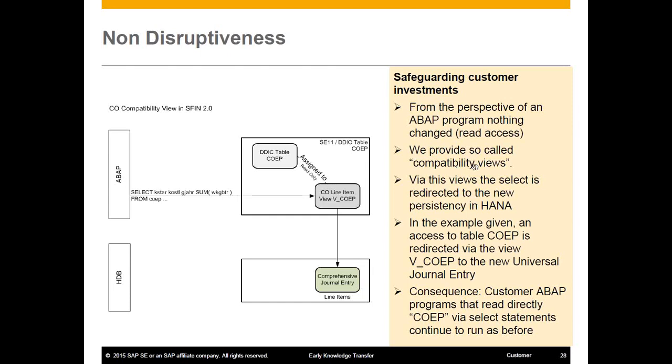SAP has created HANA compatibility views to be able to see all your prior tables, like the COEP table. There will be a view called V_COEP. Your customer tables KNA1, KNB1, any tables you're used to, they are available using HANA views. It's called the non-disruptive nature, we call it.